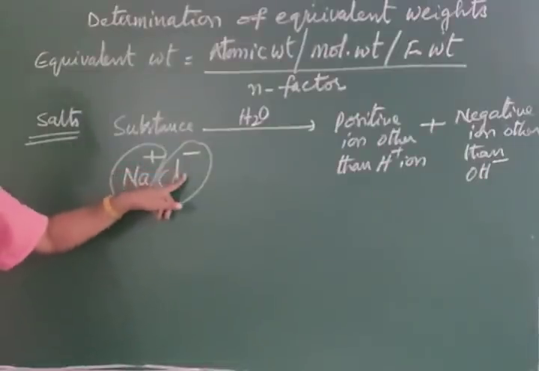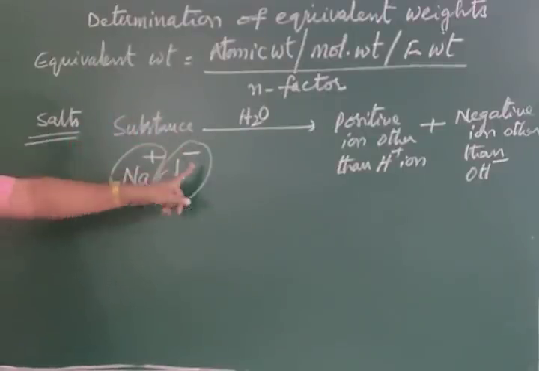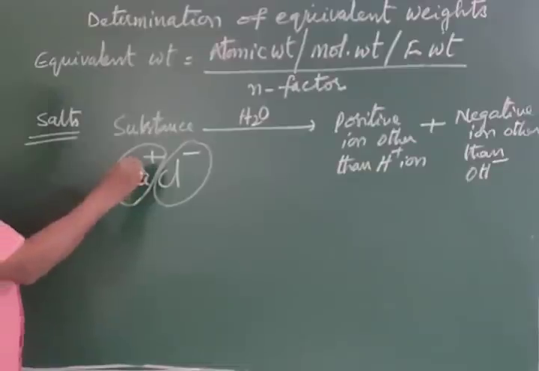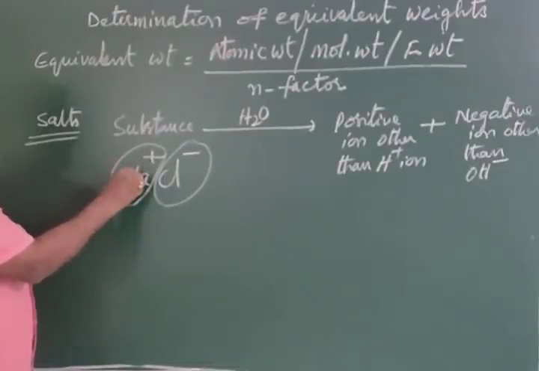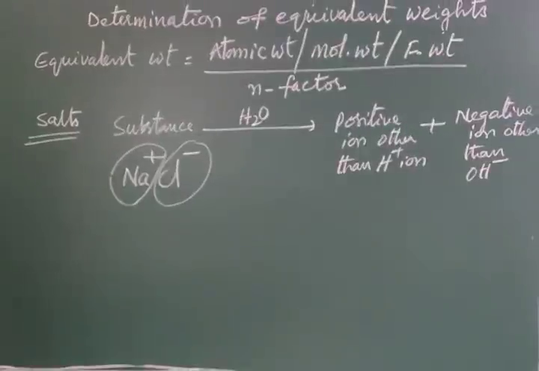Though these substances are made up of positively and negatively charged particles, the substance as a whole is electrically neutral. That is, the amount of positive charge present in a formula unit is the same as the amount of negative charge present in the formula unit.